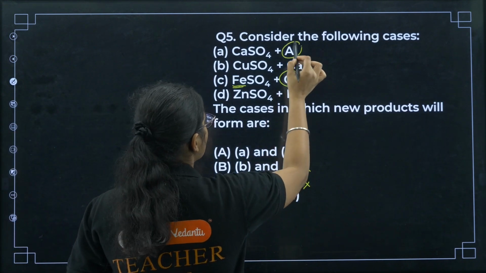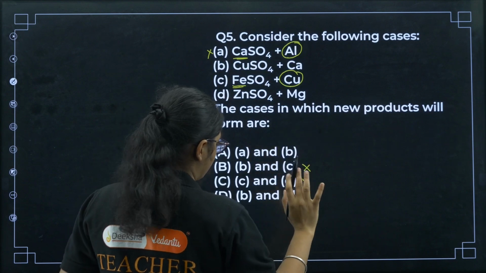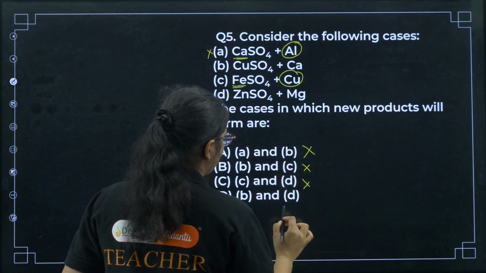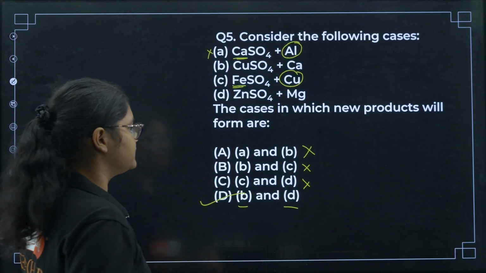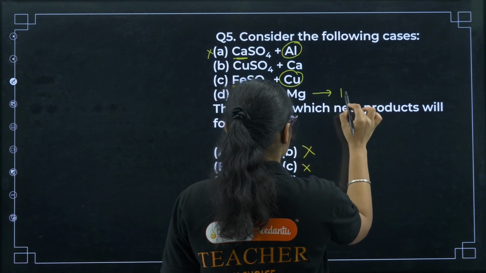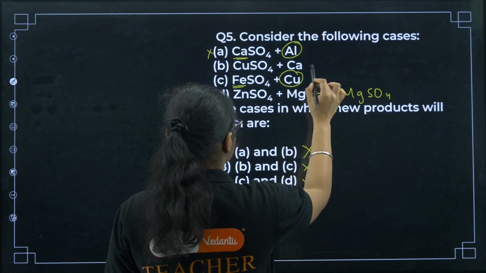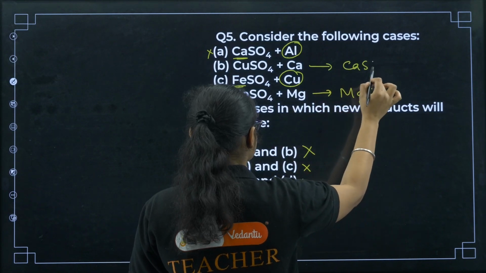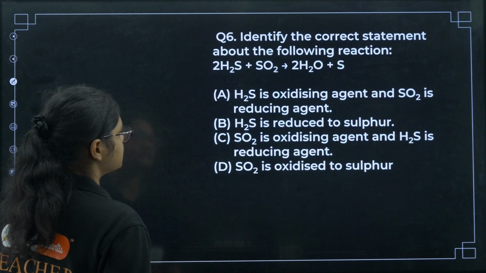Aluminium is also less reactive than calcium, so this can also not happen. So we can eliminate option A as well. So we have B and D, that is option number D. Magnesium is more reactive than zinc, definitely, so magnesium sulfate will form. Similarly calcium is more reactive here, so we will get calcium sulfate. So option number D is the correct answer.